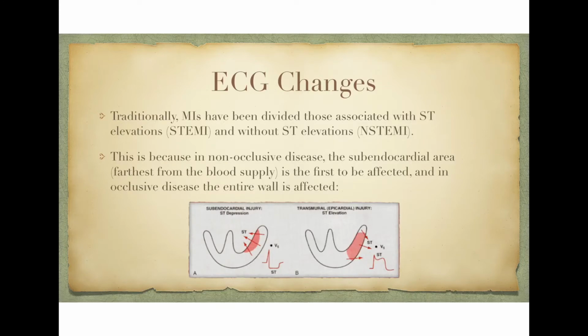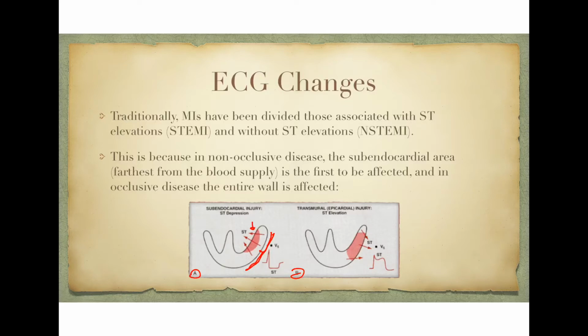So looking at this picture, you see in both cases, in A and B, there is a red area on the lateral wall of the left ventricle that's indicating an area of ischemia. So remember that the coronary vessels sit on the outside of the heart, and so they'll supply the heart from the outside in.